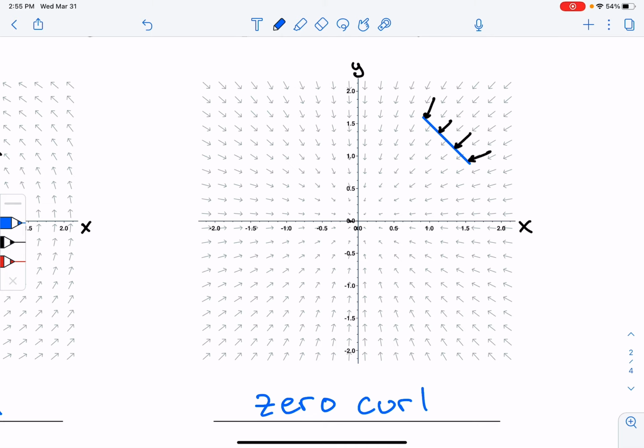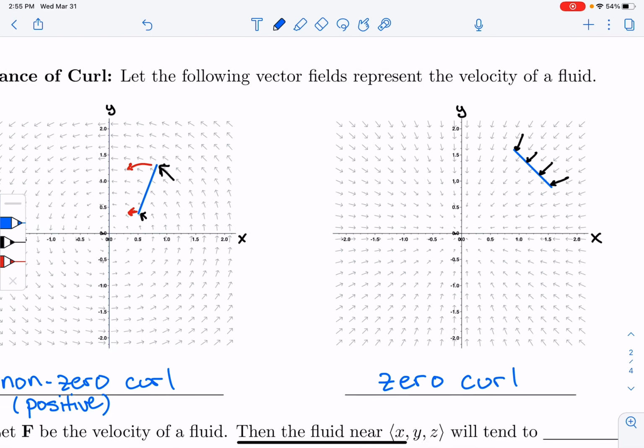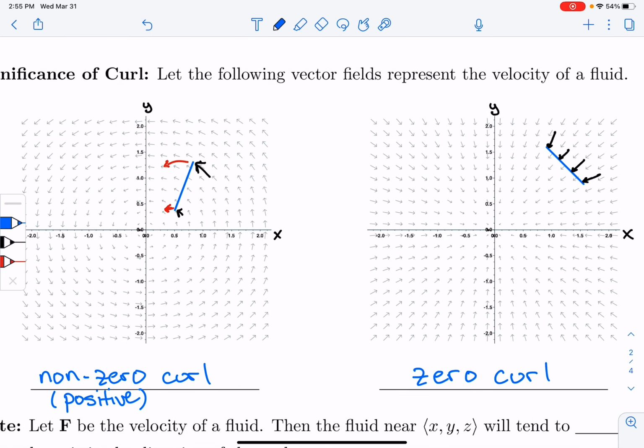Okay, so these are two nice examples of vector fields that have a positive curl and a zero curl. I will mention, because they're not written here, that we saw these two vector fields before. This one was y and then minus x.